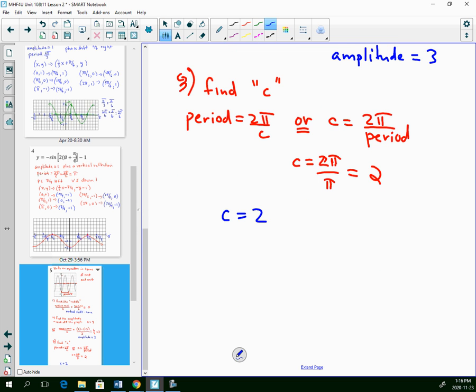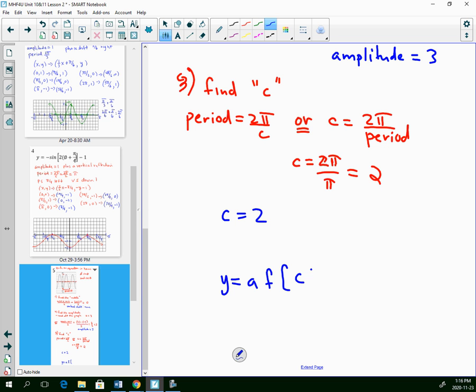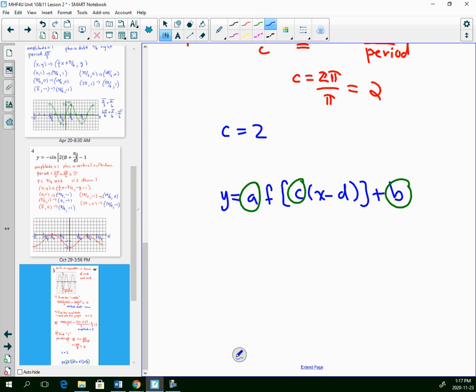Keep in mind that we are trying to find this equation. We have found A, B, and C. That will be the same regardless of whether it's sine or cosine. That will not change. So we're going to do one version as sine. The amplitude was 3.